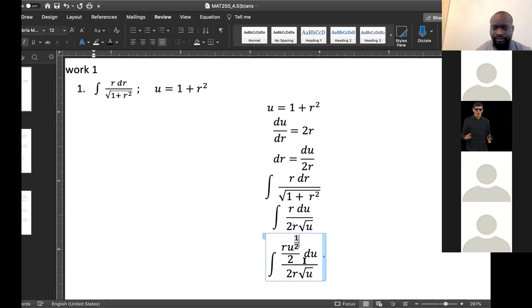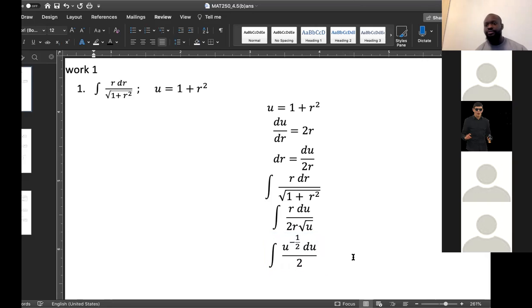Sometimes it's hard to do this, okay? So r cancels r, and this u becomes u to the power minus half, over 2.